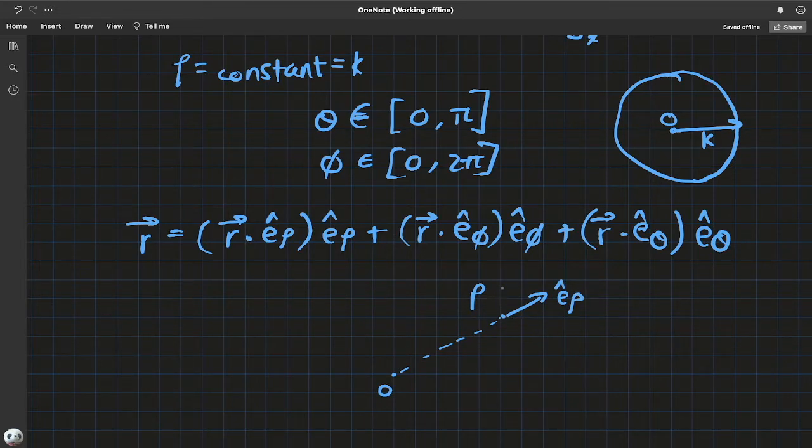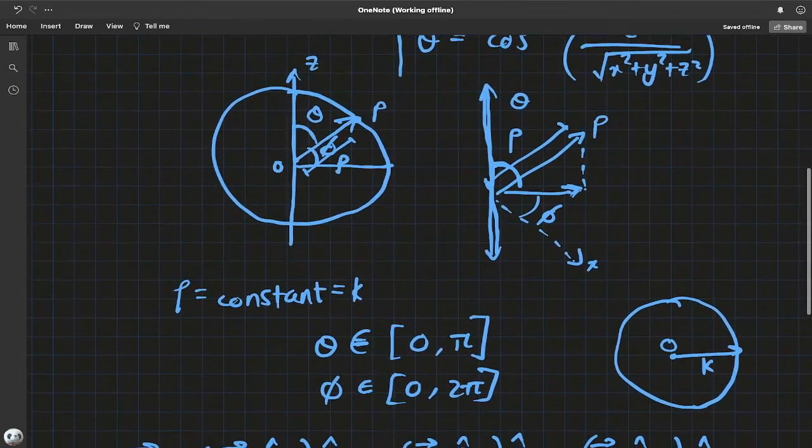The vector that points in the changing phi direction, in this case, is sort of going into the page. It's kind of hard to draw. And your theta is sort of in the other direction, in the direction of the changing theta. It's not really down, but it's really hard to visualize.